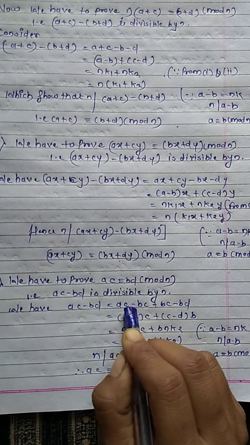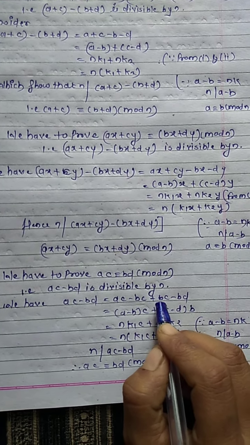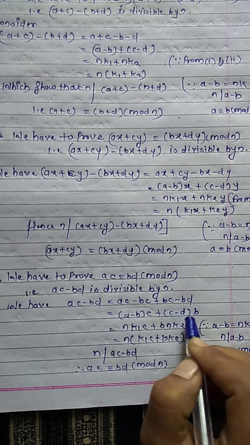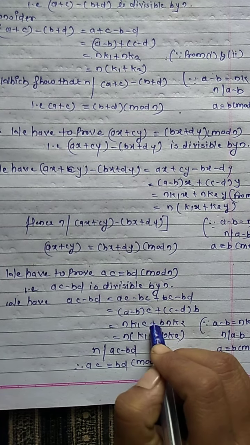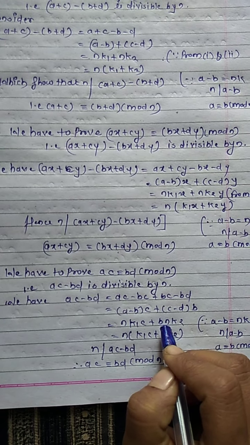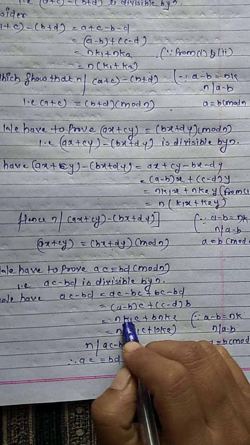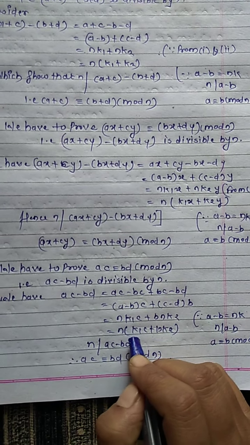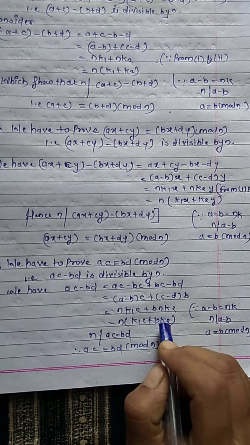Taking c common, we get a minus b into c, plus taking b common, we get c minus d into b. The value of a minus b is nk1 into c, plus the value of c minus d is nk2 into b. Taking n common, we get n into k1 c plus b k2.